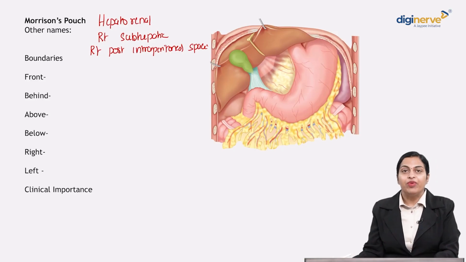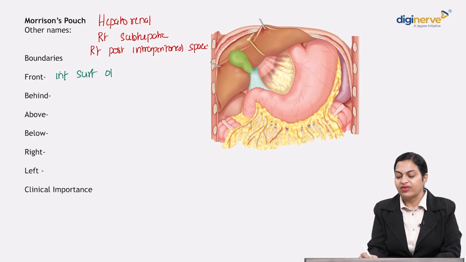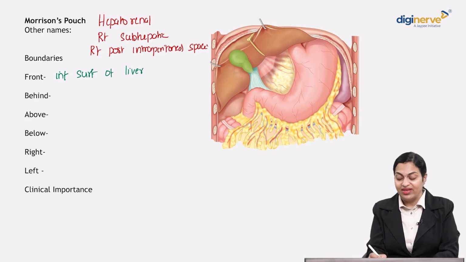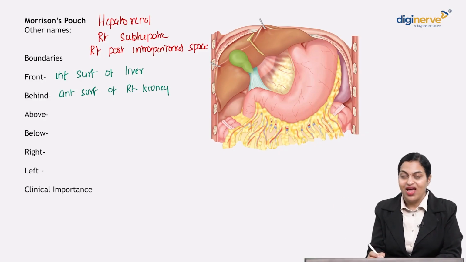The hepatorenal pouch of Morrison, anteriorly, is bound by the inferior surface of the liver, and posteriorly we see the anterior surface of the right kidney, and sometimes the anterior surface of the right suprarenal gland.